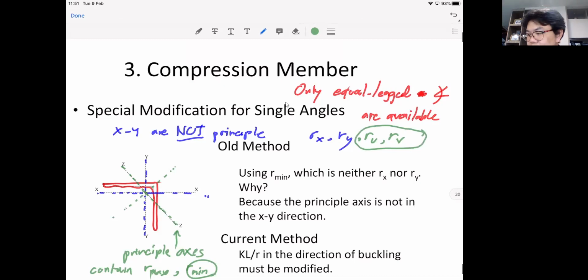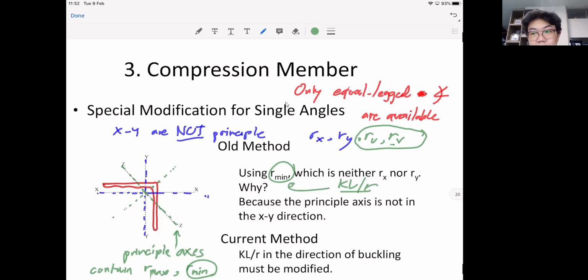So you look at the four values and generally you would find the smallest one from one of the Rus or Rvs, I don't remember. And in the old days, they would just use that R minimum to design the angle, and they just calculate the K over R based on the R minimum.